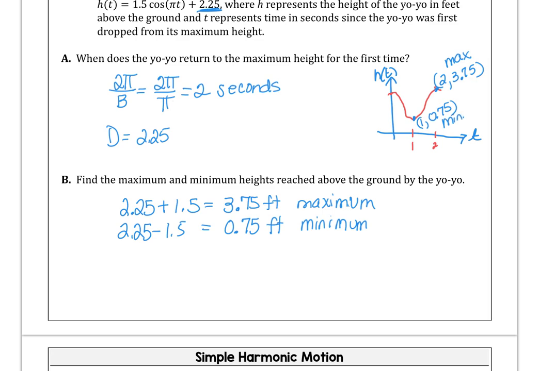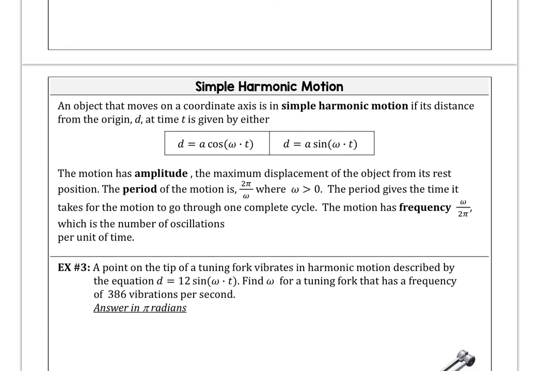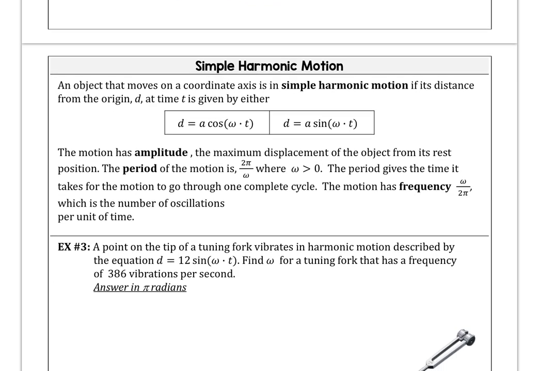Moving on to the next example, this is talking about simple harmonic motion. An object that moves on a coordinate axis is in simple harmonic motion if its distance from the origin at some time t can be given either by this function a cosine omega t or a sine omega t.